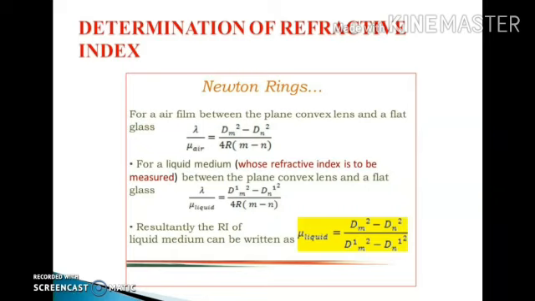So we have obtained the value of the refractive index of the liquid which we have introduced. By using this method, we can find out the refractive index of any other liquid also.